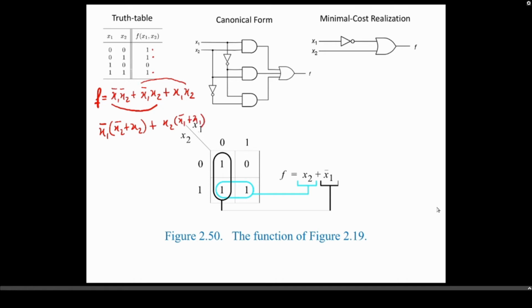Now notice that this is the same thing as having 1. This is the same thing as having 1. So I get x1 negated or x2 by massaging my Boolean expression.